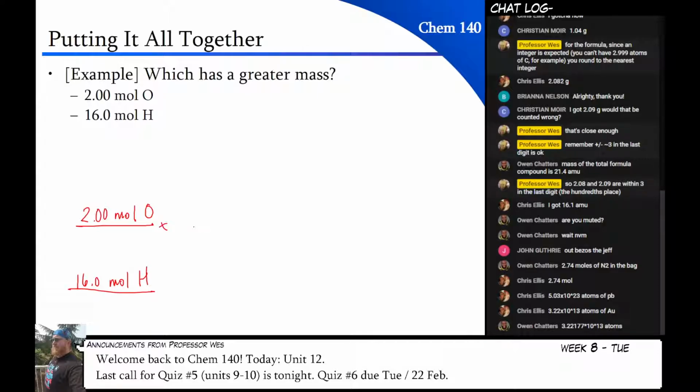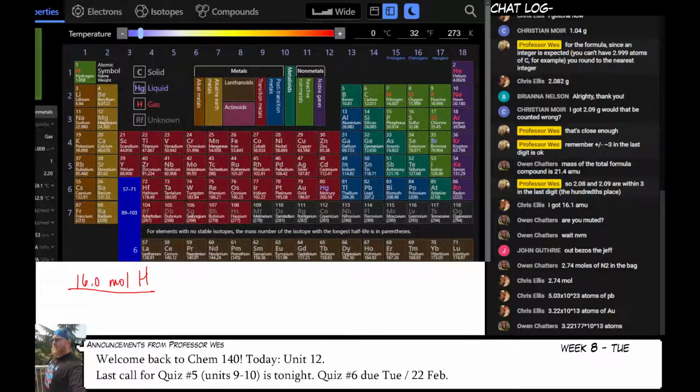Let's start with oxygen first. How many grams are in a mole of oxygen? Well, if we go to the periodic table and I click on oxygen, it says down here 15.999.